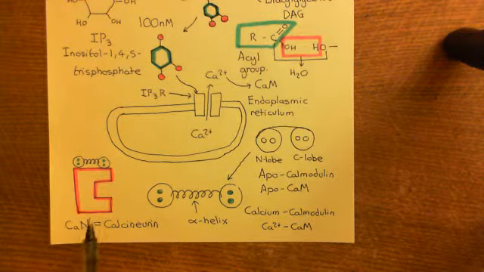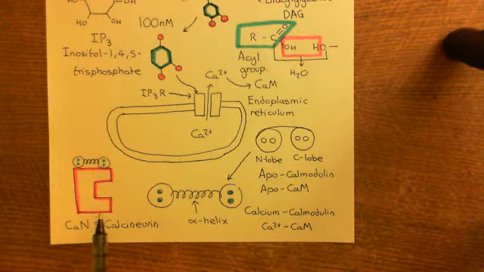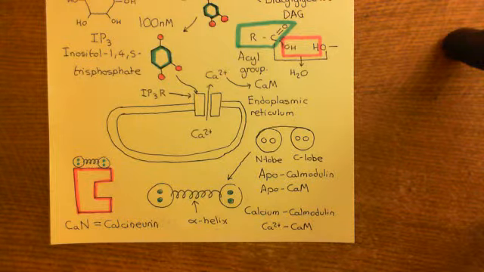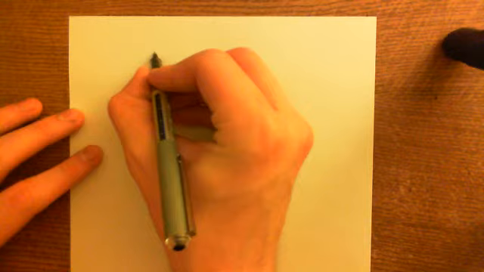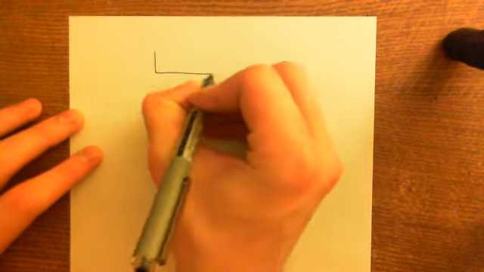Well, you have to remember that this has certain targets. It doesn't just remove phosphate groups from serine and threonine residues on anything. You have to be a certain protein for it to work. Now, which protein is it going to target? Well, it's going to target a protein known as NFAT. And NFAT is another transcription factor.